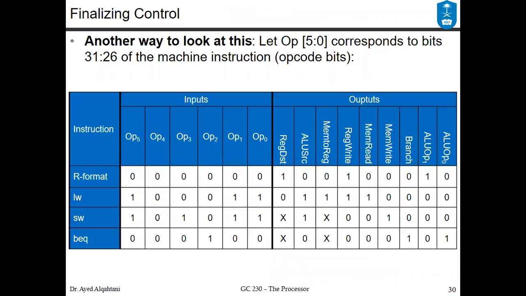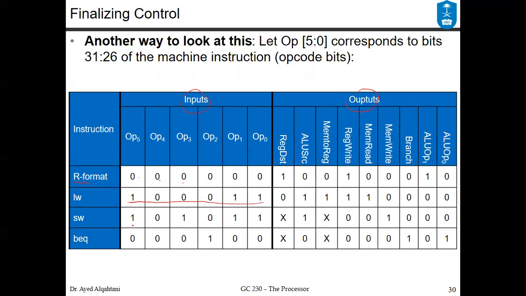Now, finalizing the control. Actually, we just generated these lines for the 4 types that we care about, the R type, load, store, and branch. We are just trying to tie these outputs to the inputs, which are the opcode of the instruction. We just say here that the R format has the opcode 000000. The load is 35. This is 35.